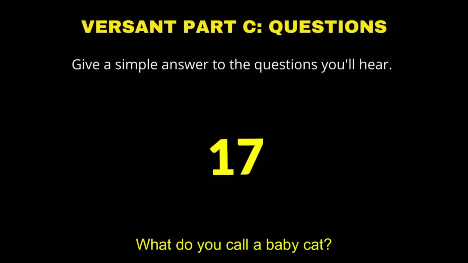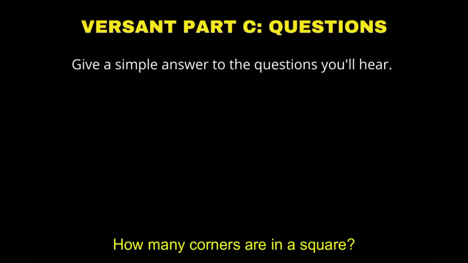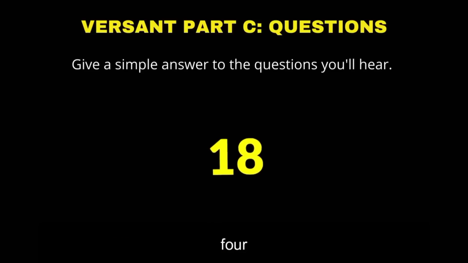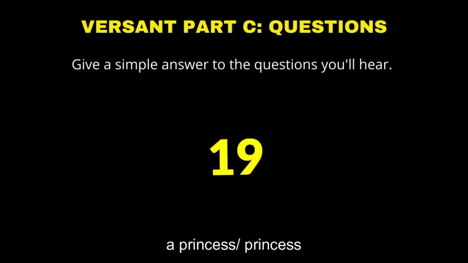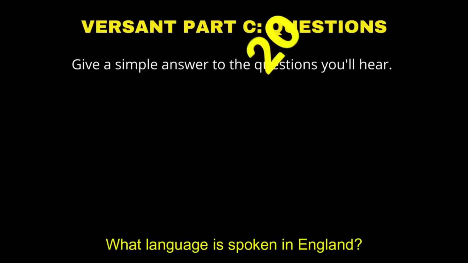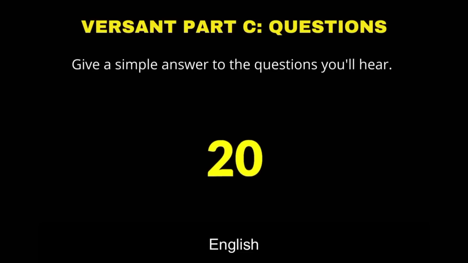What do you call a baby cat? A kitten. How many corners are in a square? 4. What would you call the wife of a prince? A princess. What language is spoken in England? English.